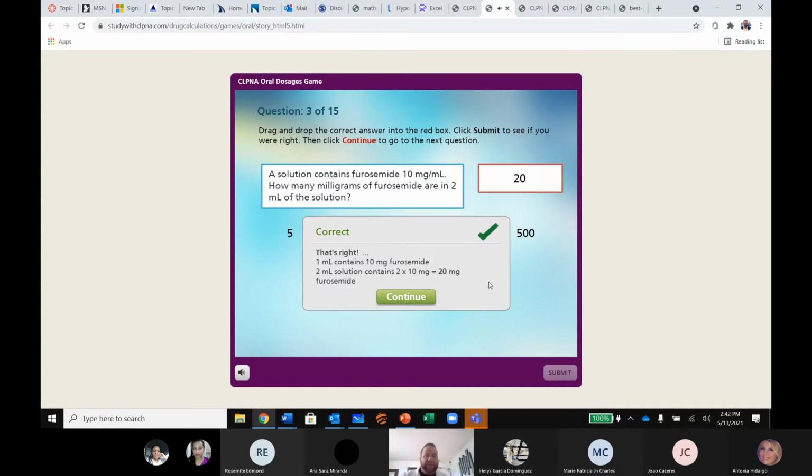Good job. If we have 10 milligrams in 1 ml, then in 2 ml we have 20. Got it?